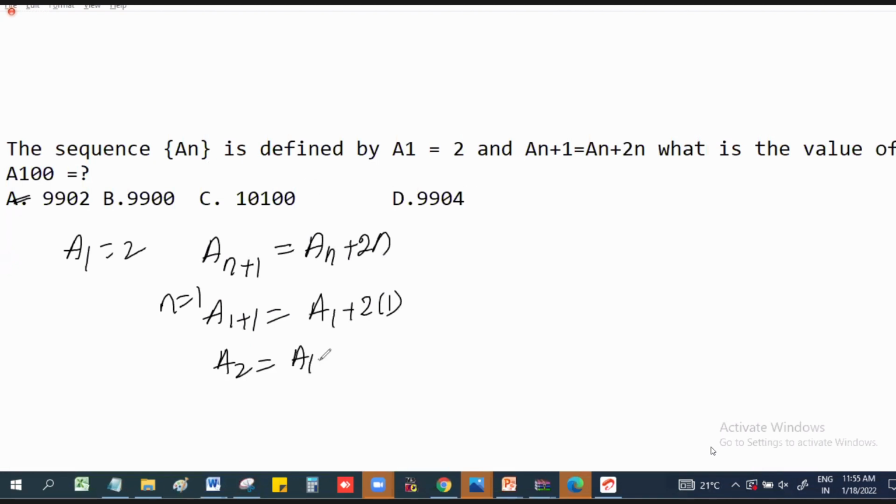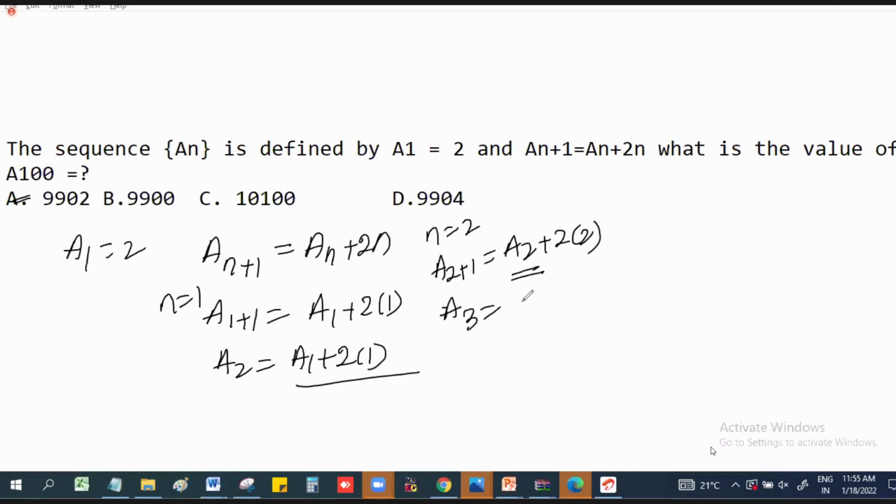Let it be like that to make you understand. Let's put n is equal to 2. So a(2+1), that is nothing but a2 plus 2 into 2. Correct? So a3 is equal to, in place of a2, can I write this whole value? Yes, a1 plus 2 into 1 plus 2 into 2. Let's put n is equal to 3.